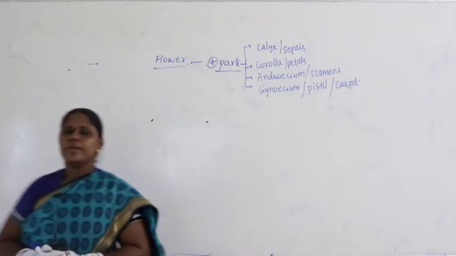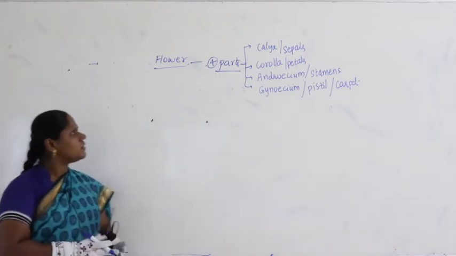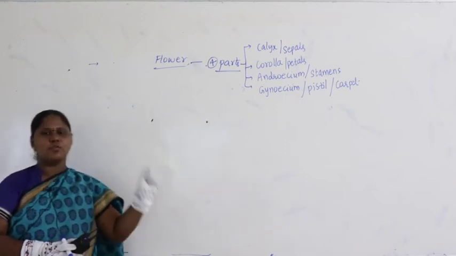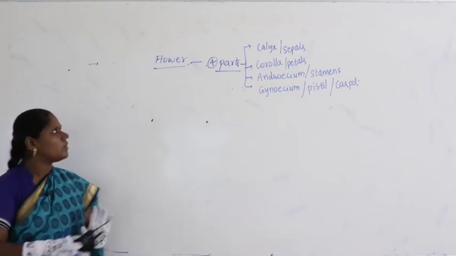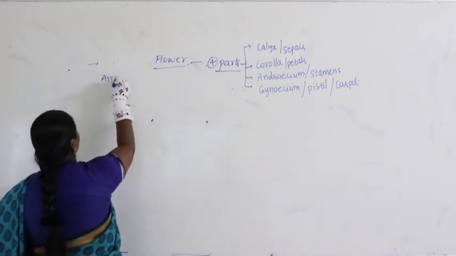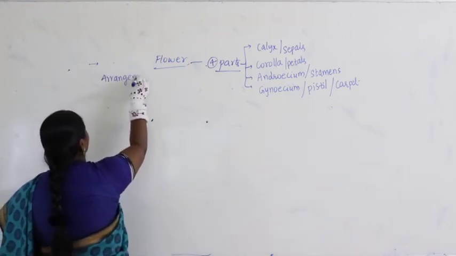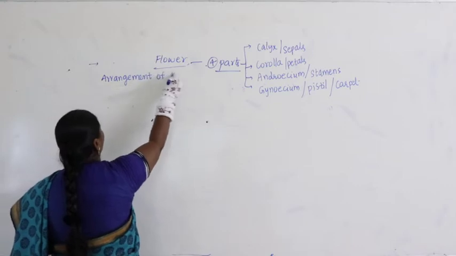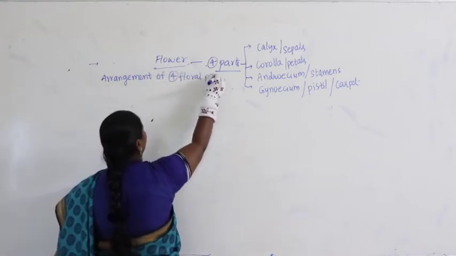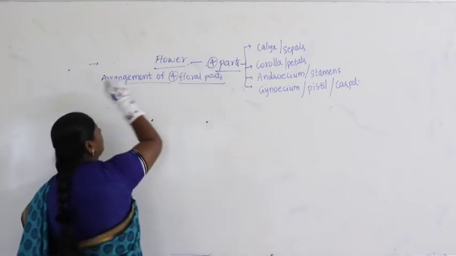Right. So when we study the flower, now let us see arrangement of all 4 floral parts. What we are discussing here now, we are going to study about arrangement of 4 floral parts on flower.